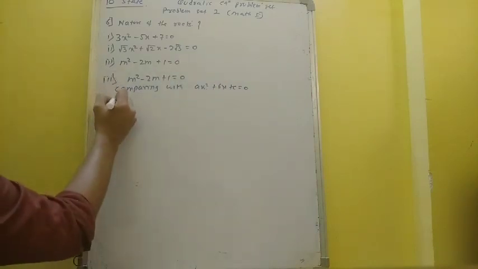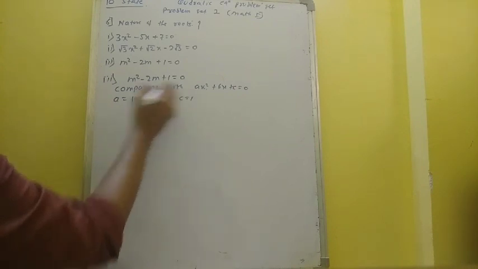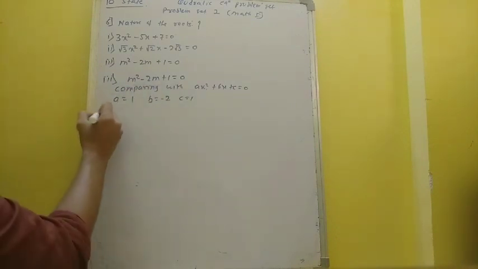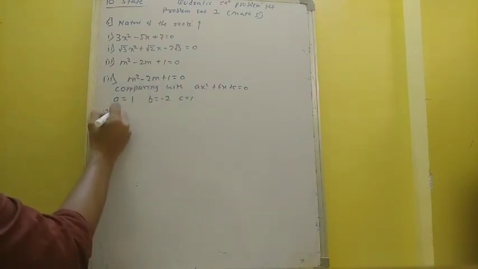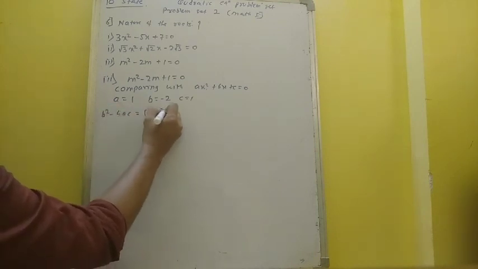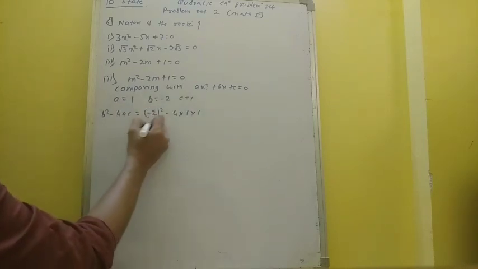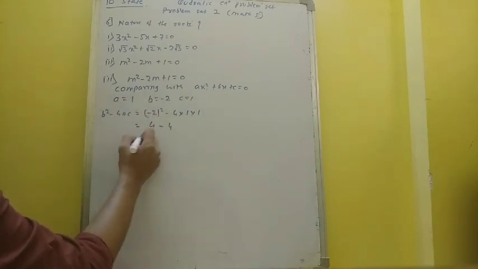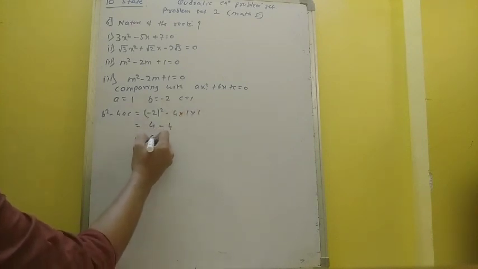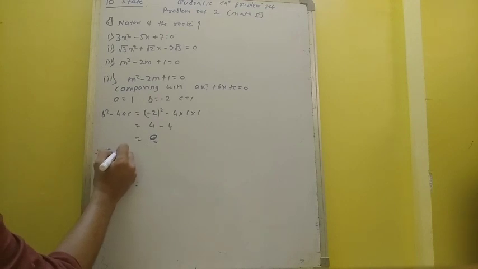Okay, so what is the value of a? A is 1, b is minus 2 and c is 1. Okay, pay attention properly. So b square minus 4ac. b square means minus 2 square, minus 4 into a is 1 and c is 1. Minus 2 square is 4, minus 4 ones are 4. So it is 0. As it is 0, therefore b square minus 4ac is equal to 0.